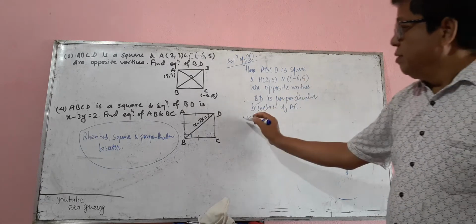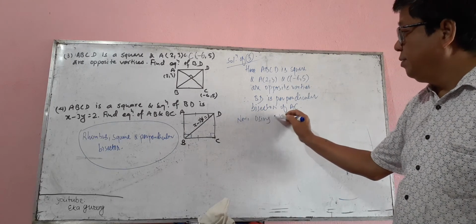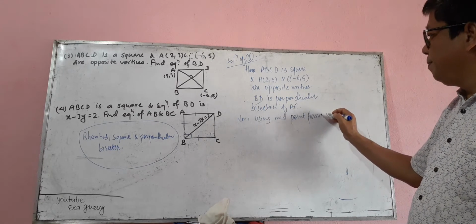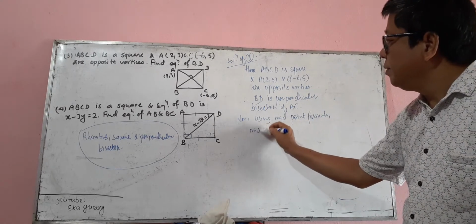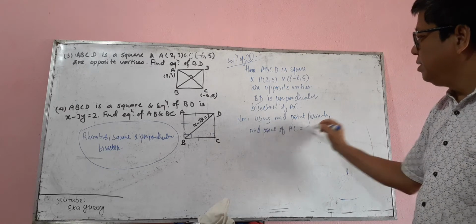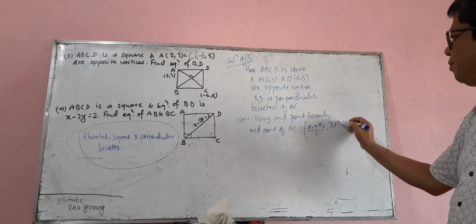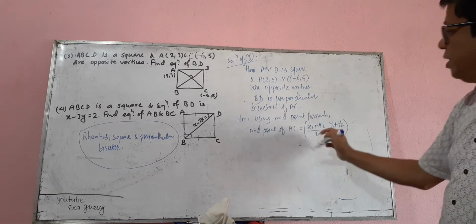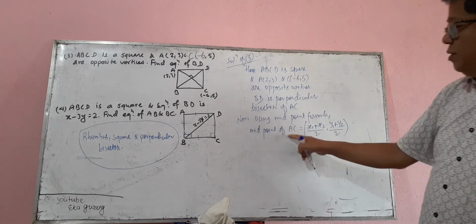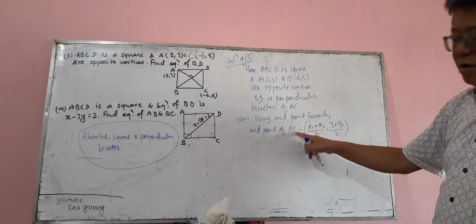So now we find the midpoint using the midpoint formula. Midpoint of AC is equal to ((x1 plus x2) by 2, (y1 plus y2) by 2). Here x1, y1 is the coordinate of A, the initial point, and x2, y2 is the coordinate of C, the terminal point.